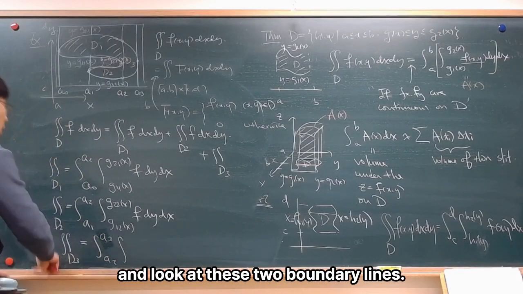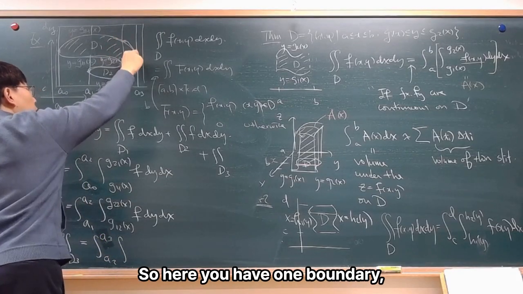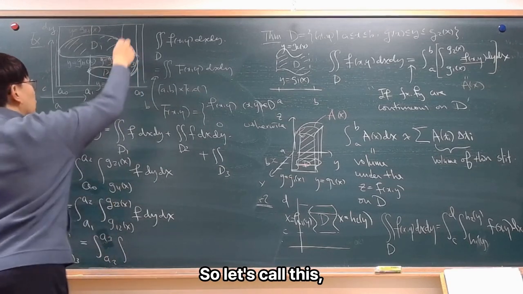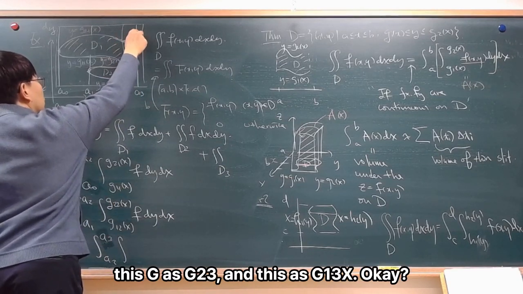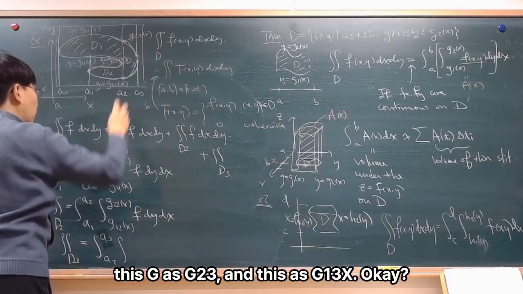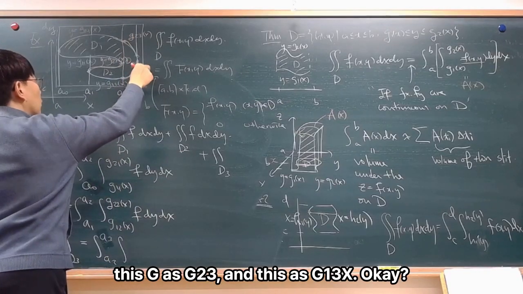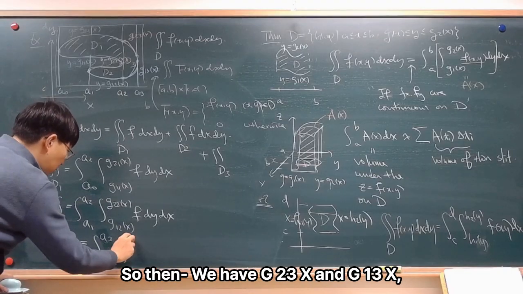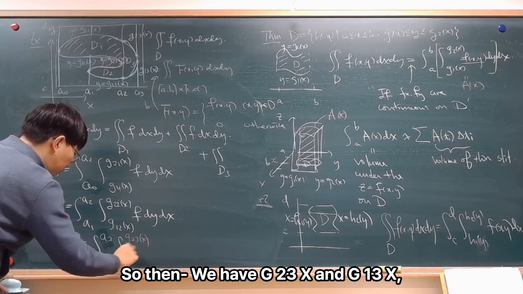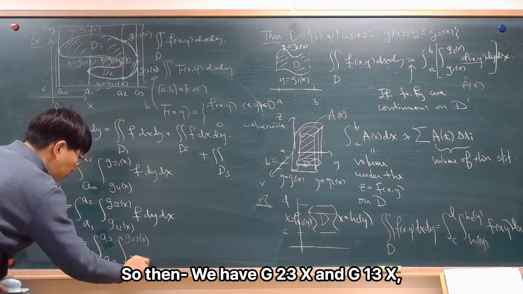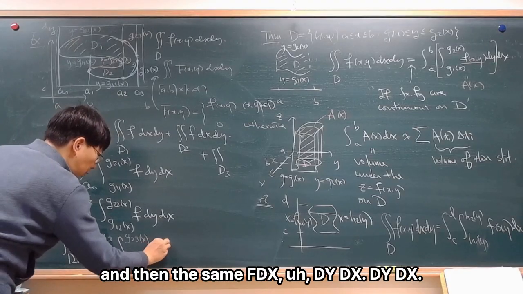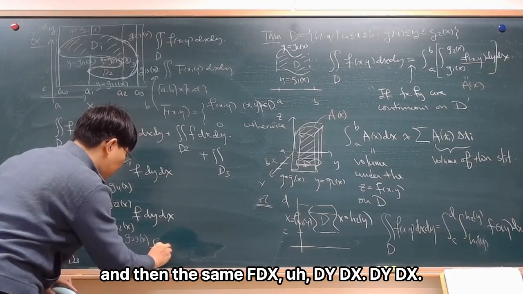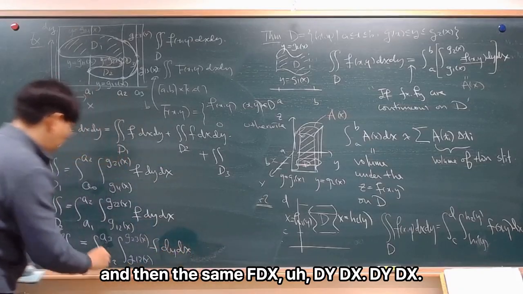And look at these two boundary lines. Here is one boundary, and here we have another lower bound. Let's call this G23 and this G13(x). Then we have G13(x) to G23(x), and the same f dy dx.